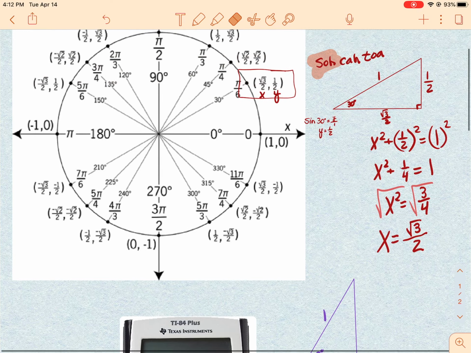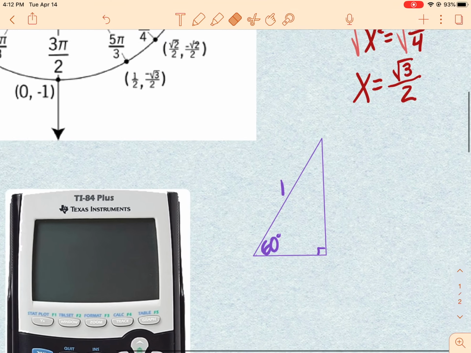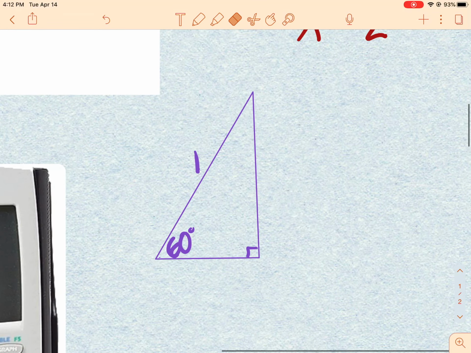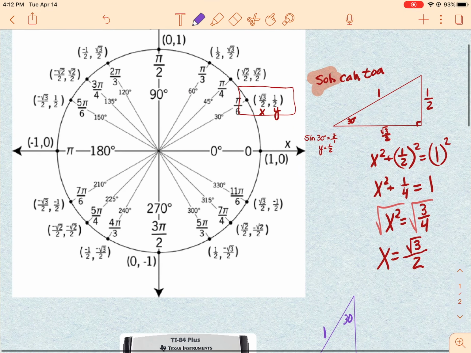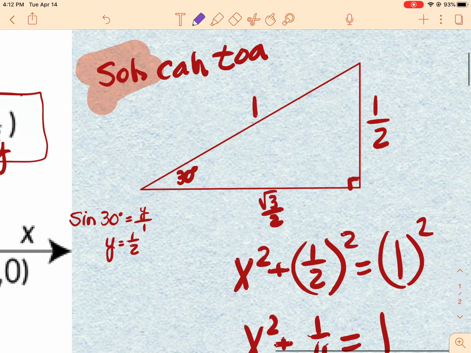One thing to point out with that last triangle is all three angles have to add up to be 180. So we have a 60 and 90. This missing one is a 30. In our other triangle, that means that this one missing was a 60. So it's exactly the same triangle.